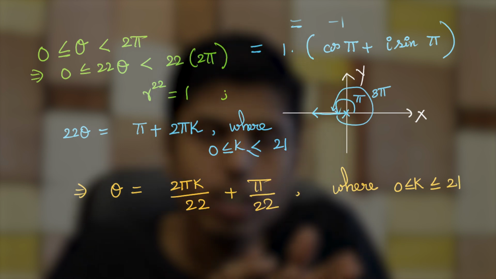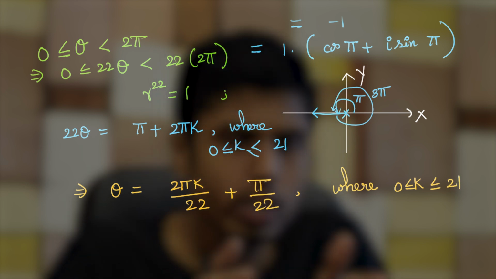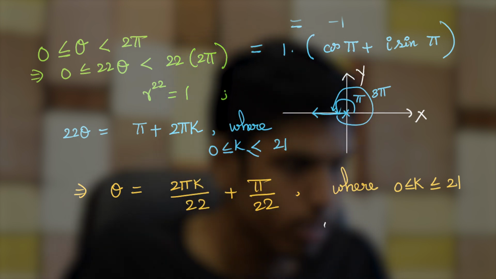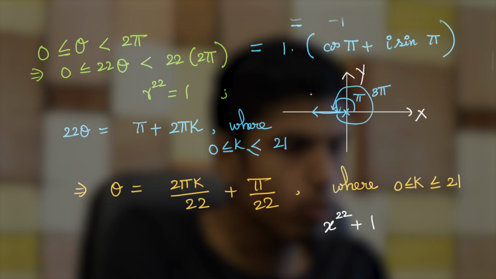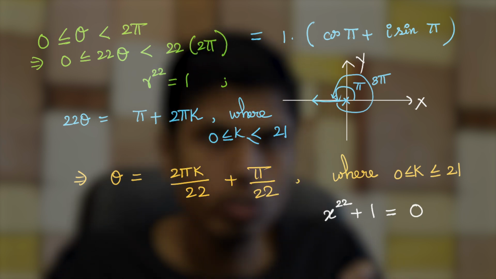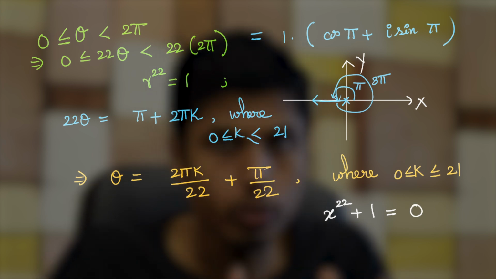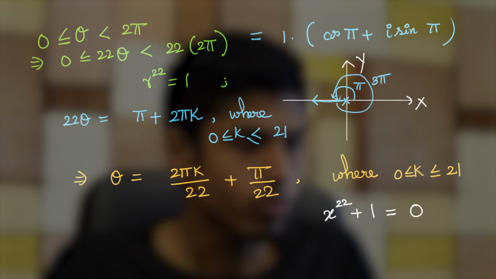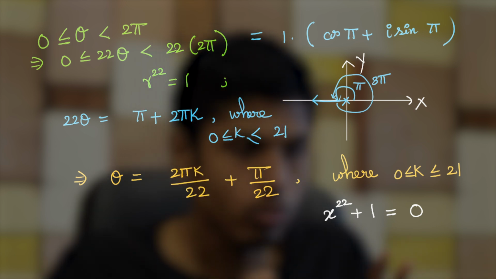Remember that this value of k is 22 in number, and the degree of the polynomial x^22 plus 1 equal to 0 is also 22, and it can have at most 22 roots, and we got all the 22 roots. So thus we found the roots of this polynomial.